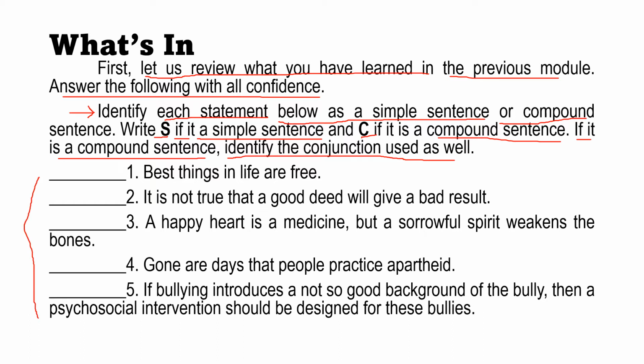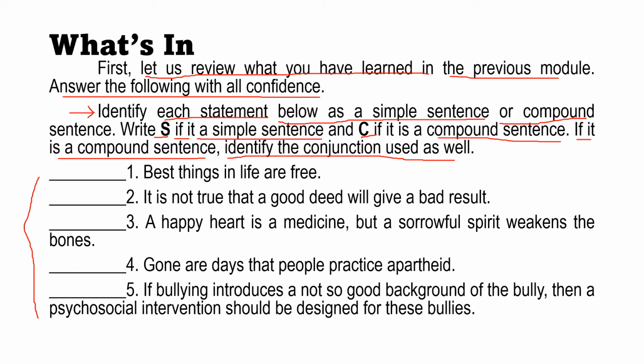As you can see here, our task is to determine if the given sentences fall under simple or compound sentences. If they fall under compound sentences, then you need to identify the conjunction used as well. So what are those conjunctions?